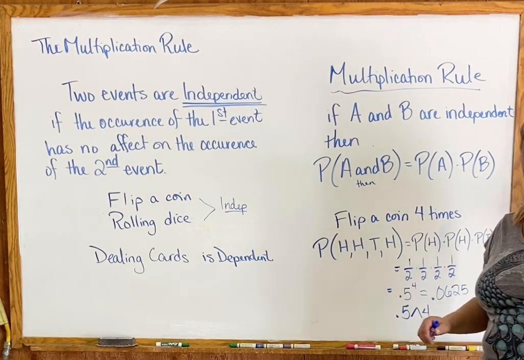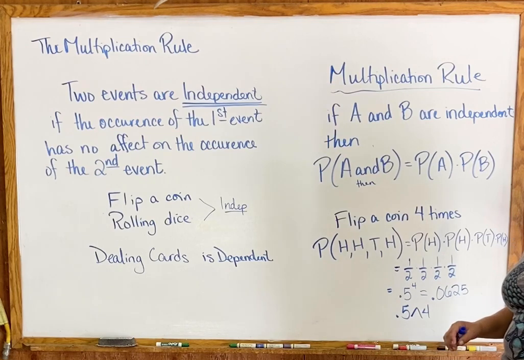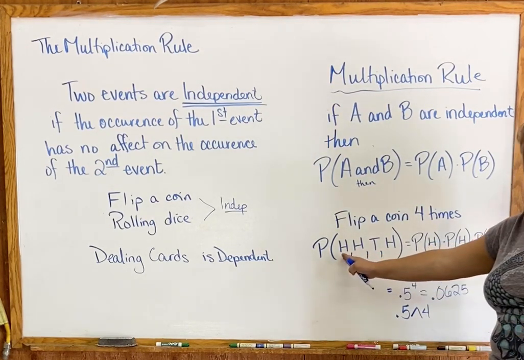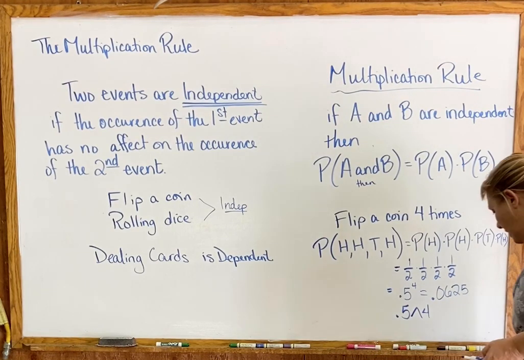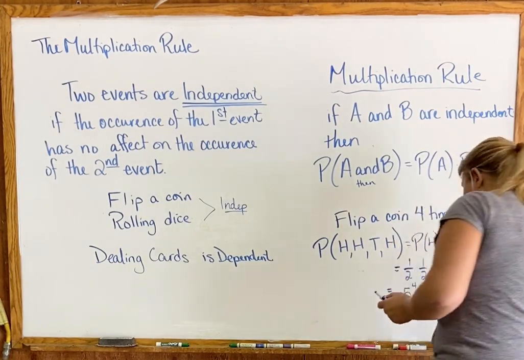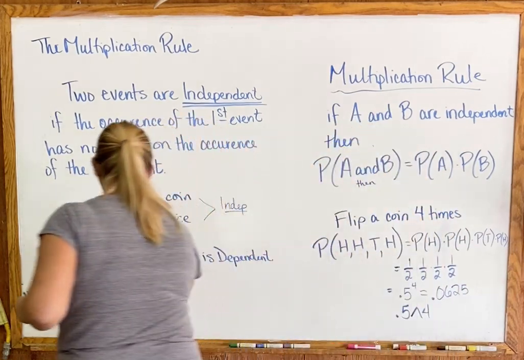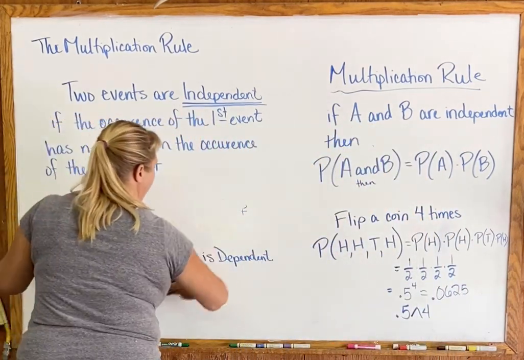So what we should see is we should see these probabilities drop quite low, which is what happened here. 1 time is 50%. If you want it to happen 4 times, 6.25%. All right?